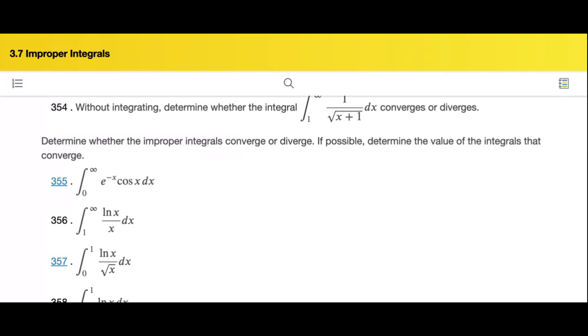We see a product. We see the integrand is a product of two functions. So first, we have to deal with this infinity sign.